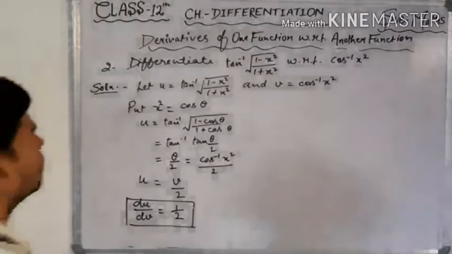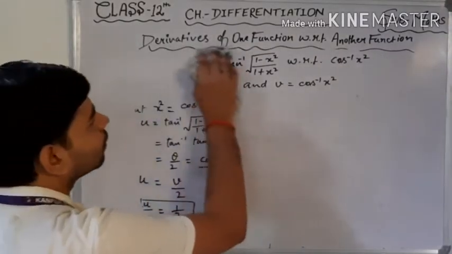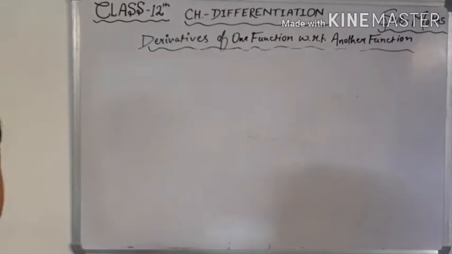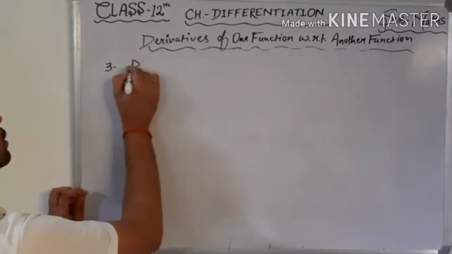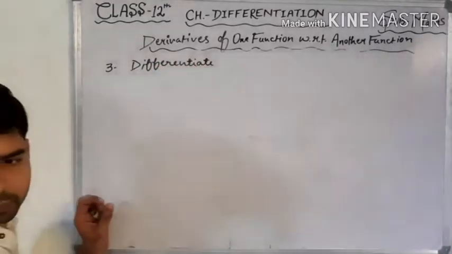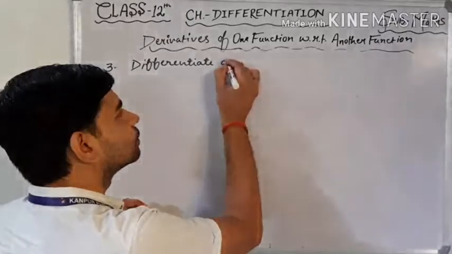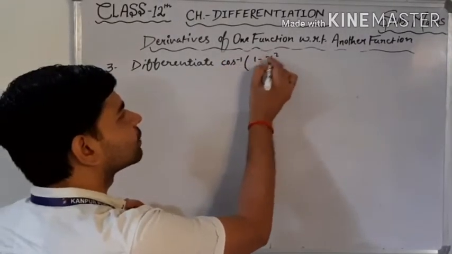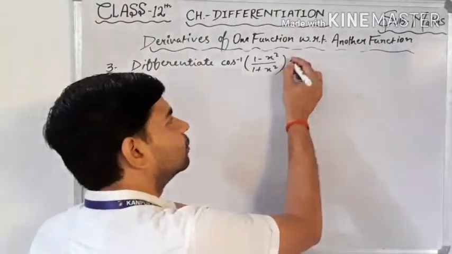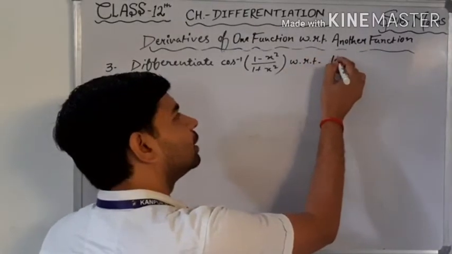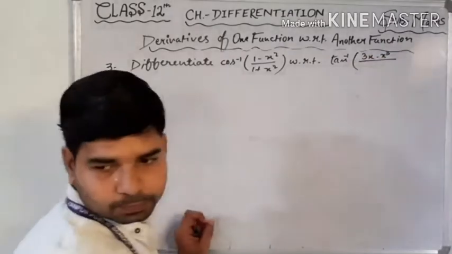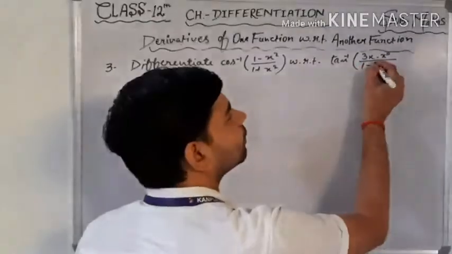Now see another question. Differentiate cos inverse 1 minus x square upon 1 plus x square with respect to tan inverse 3x minus x cube upon 1 minus 3x square.